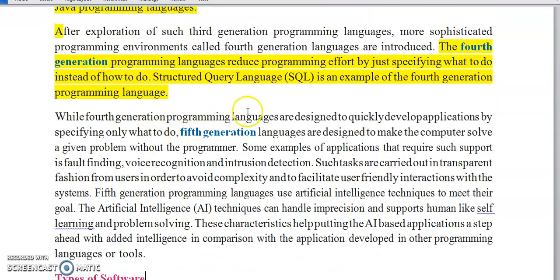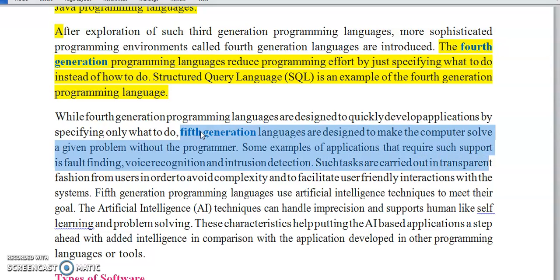While fourth generation programming languages are designed to quickly develop applications by specifying only what to do, fifth generation languages are designed to make the computer solve a given problem without a programmer. Some examples of applications that require such support are fault finding, voice recognition and intrusion detection. Such tasks are carried out in a transparent fashion from the user in order to avoid complexity and facilitate user-friendly interaction with the systems.